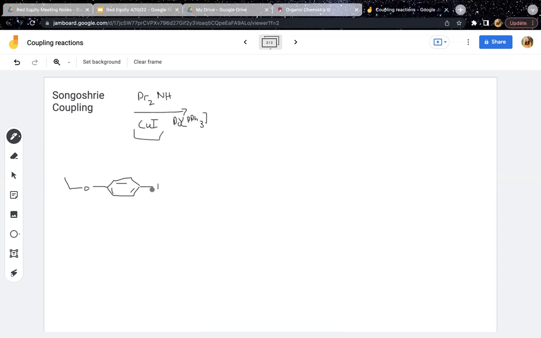So we have an iodine here, and then another one down here. And then we're going to react this molecule with all of this Sonogashira catalyst.